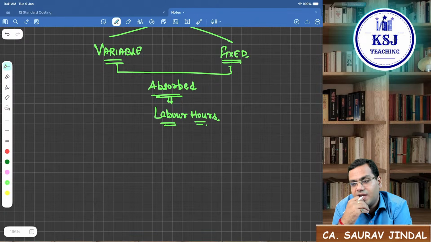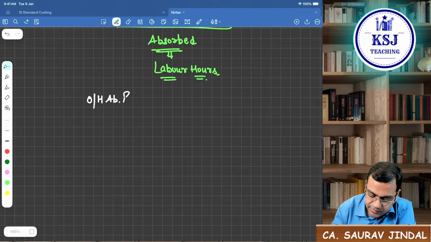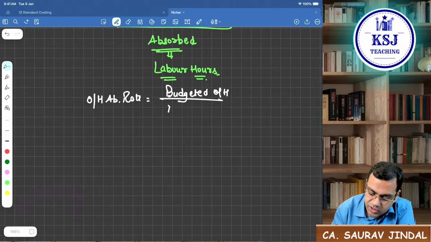Now, how do we calculate the absorption rate? If you remember, the overhead absorption rate is budgeted overheads divided by budgeted, and if we want to do it on labor hours, then it will be budgeted labor hours.